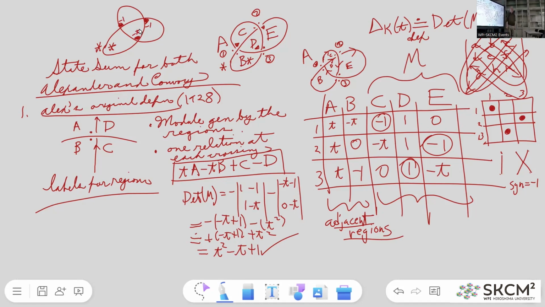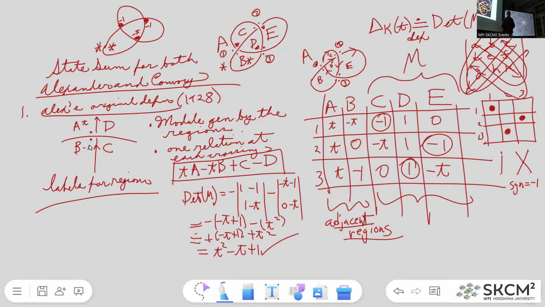Okay, so you see that instead of computing the determinant, I could take a sum over all diagrammatic rook patterns like this, and I would take the product of the values of the module that are occurring with respect to this idea, right? So when you're looking here, you would see a t.